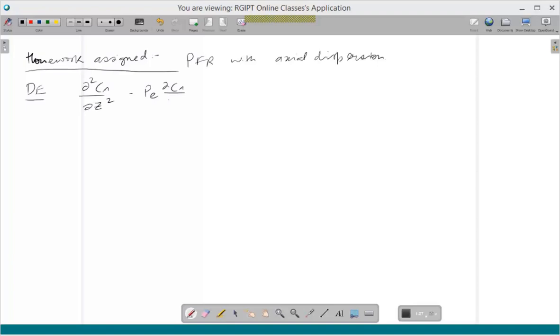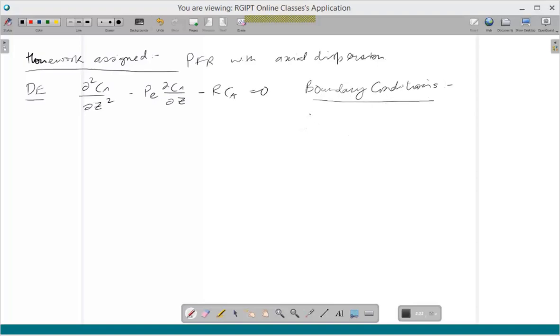So this is my differential equation, and the non-trivial thing about this problem is the boundary condition. That is what makes it non-trivial and interesting and difficult to solve. These boundary conditions are referred to as Danckwerts boundary conditions.